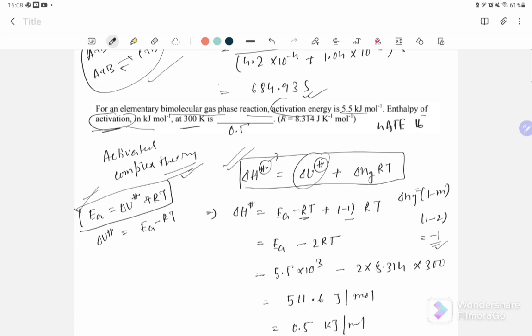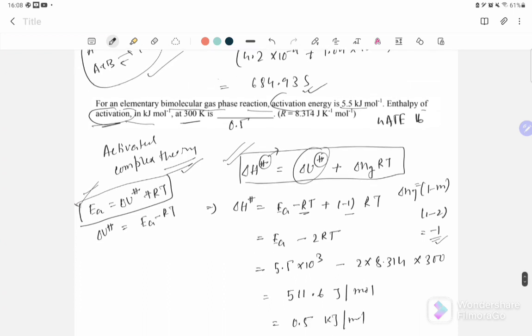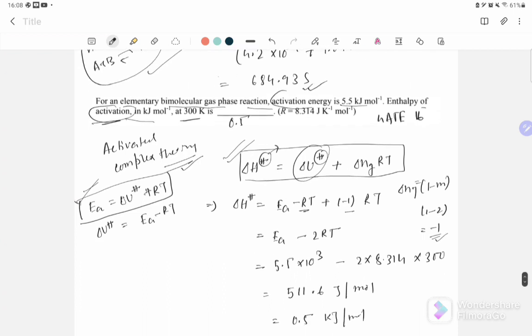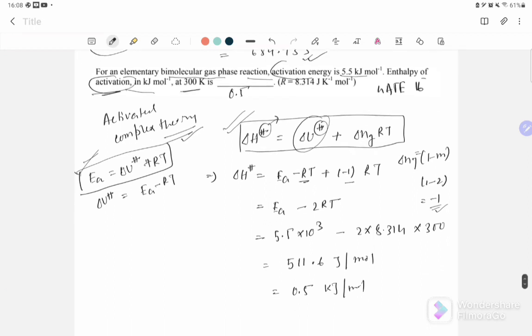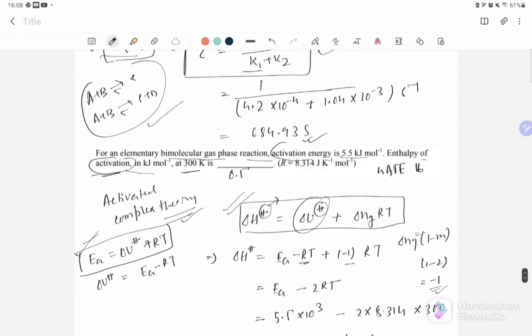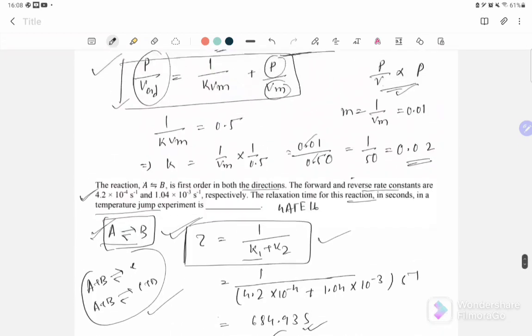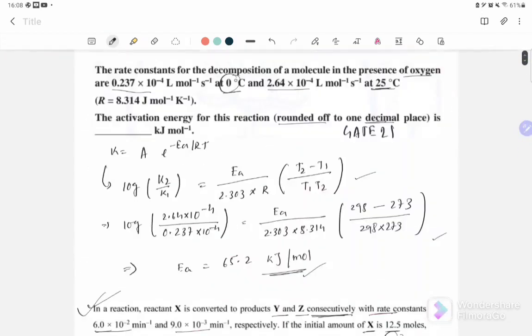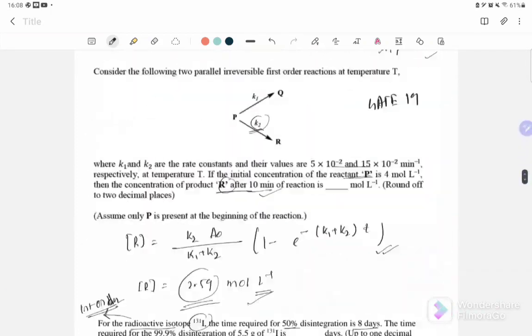These two equations are important. You can derive them, but it is better to remember them, so it's very easy.